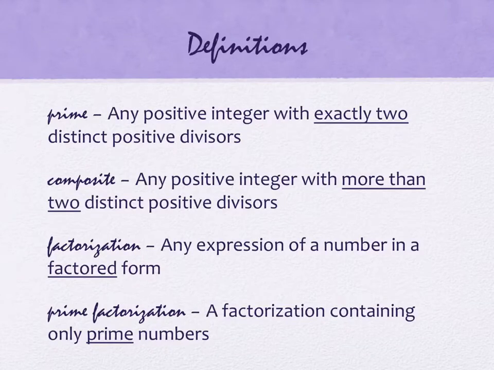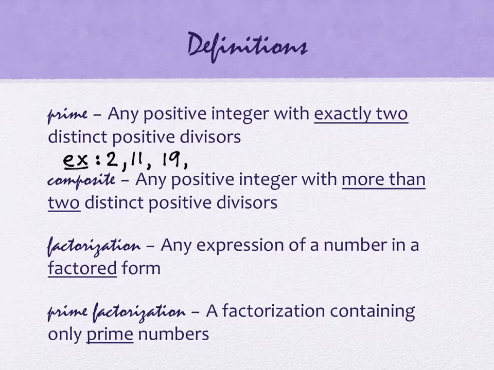So first of all, a few definitions. Prime numbers are any positive integers that have exactly two distinct positive divisors. So you have numbers like 2, 11, 19.